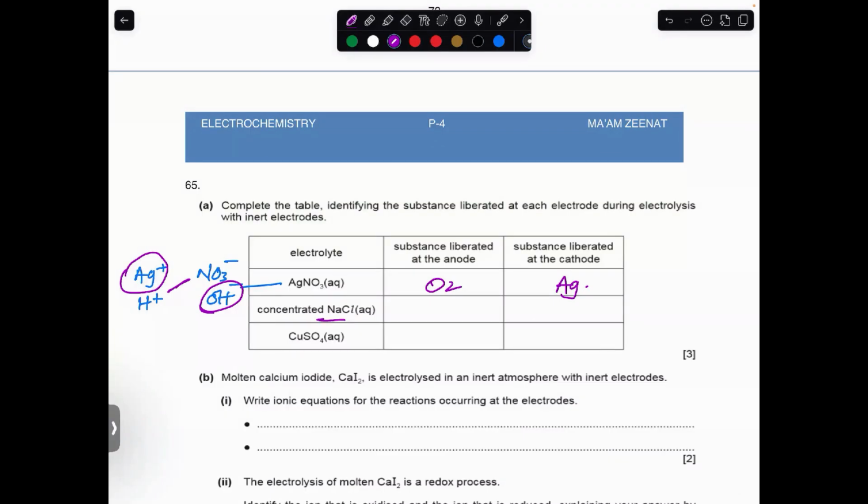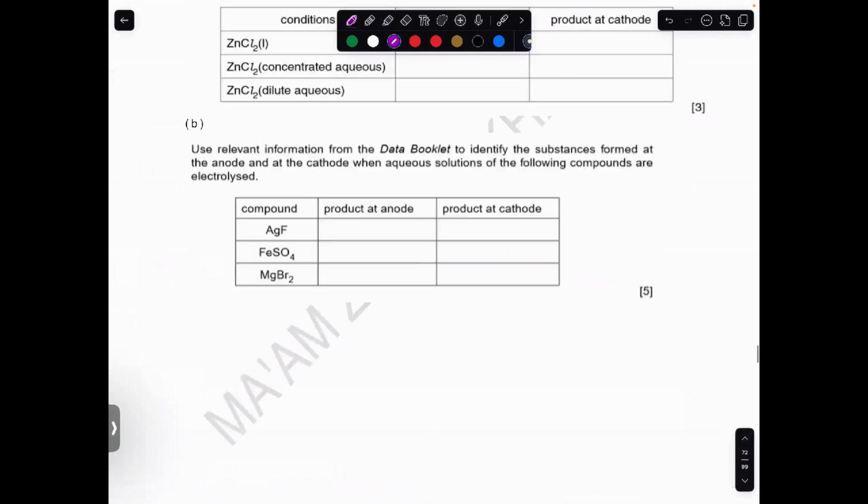Copper sulfate is the same: copper, sulfate, H plus, OH. So copper will go, oxygen, and what is left? H2SO4. There is this question from 2011. This is the question of 2011.